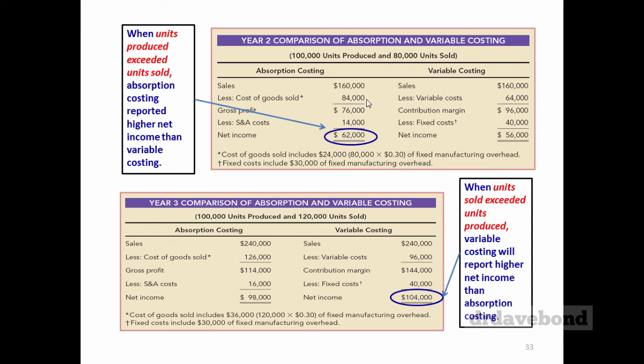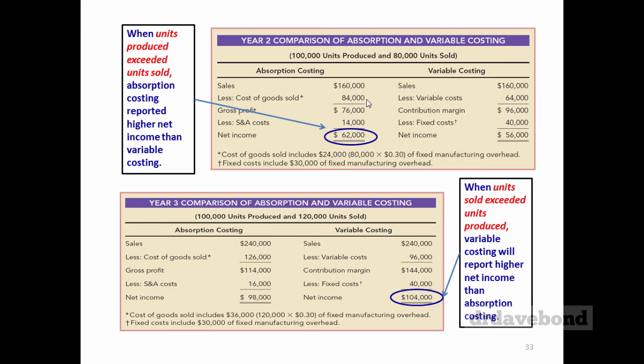So that 105 is the direct material times 80,000 plus direct labor times 80,000 plus variable overhead times 80,000 plus the allocated fixed overhead times 80,000. So 30, 35, 10 and 30 gives you $1.05.